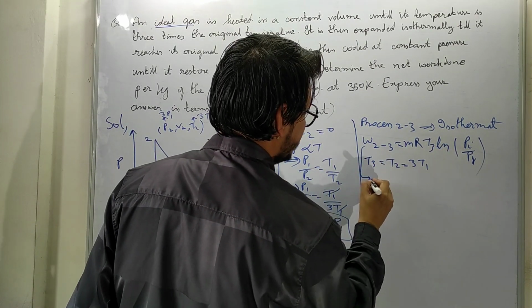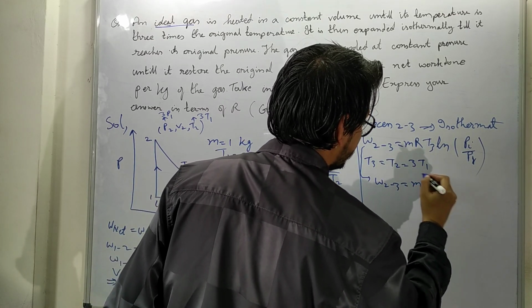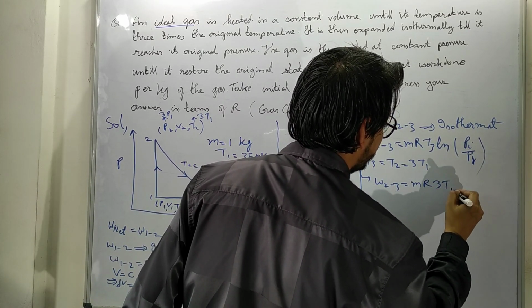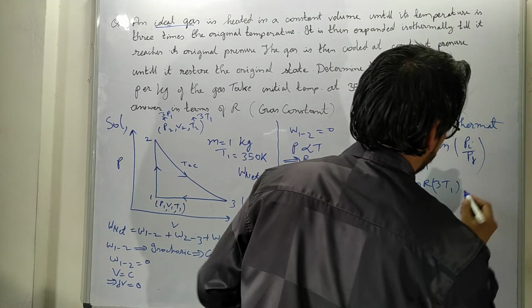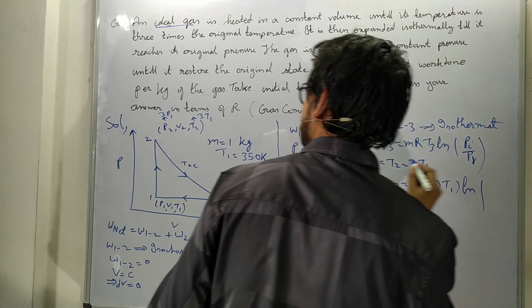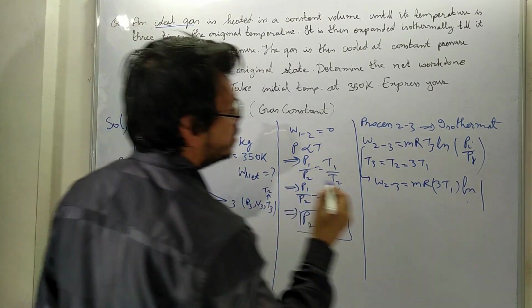So from here we will get W23 is equal to mR T3. We can put 3 times T1 into ln of P initial by P final. P initial is P2, that is equal to 3 times P1.